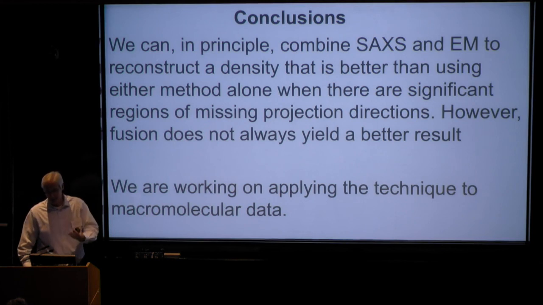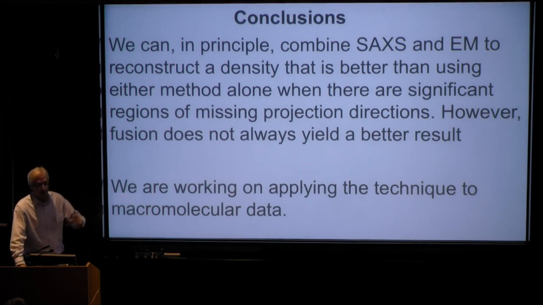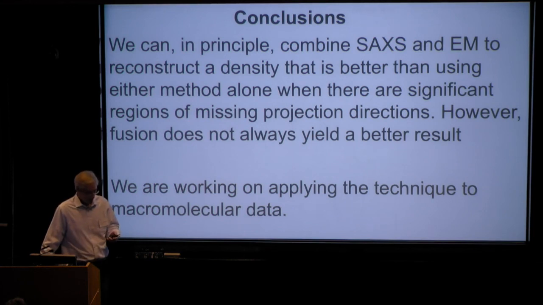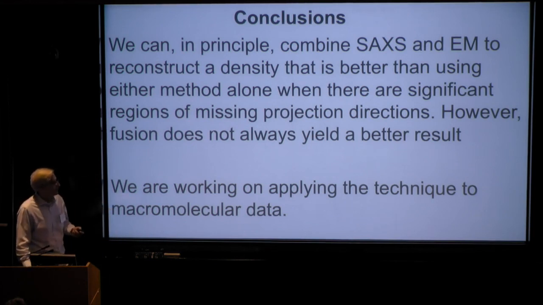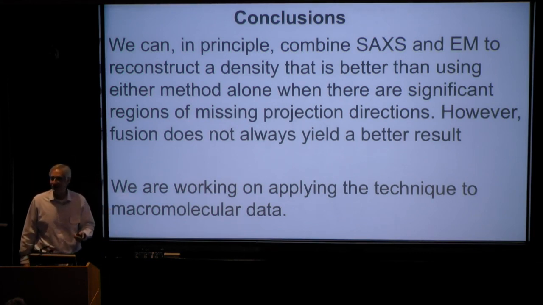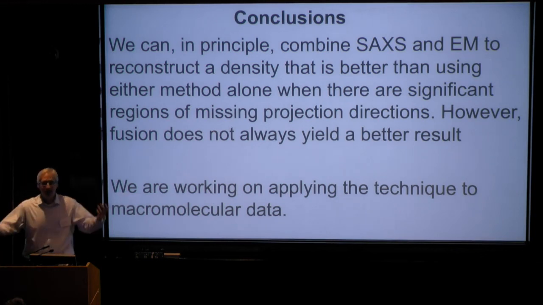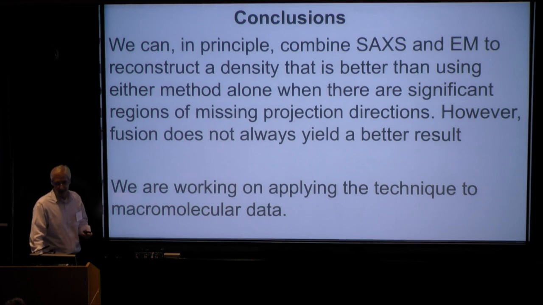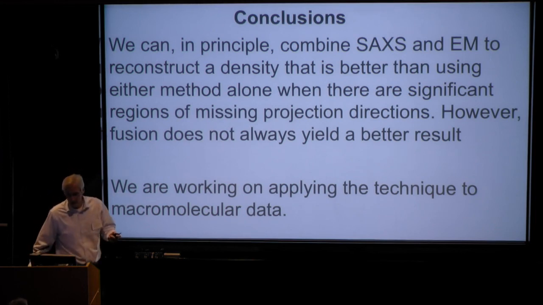It has potential, and that's all I'm trying to get across in this talk, is that there's potential to improve things when you have very restricted projection directions in EM and combining with SACS. And we're working to apply this on real macromolecular data. And the reason why I flew here halfway around the world from Singapore was to look for people who may be interested in trying this with real experimental data.